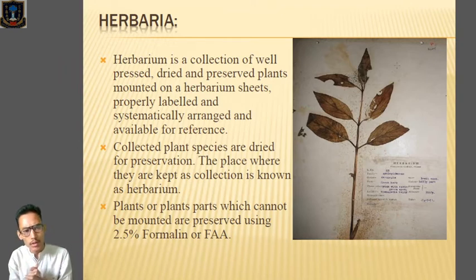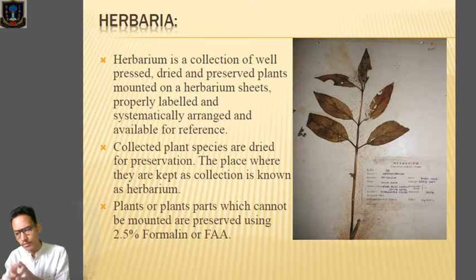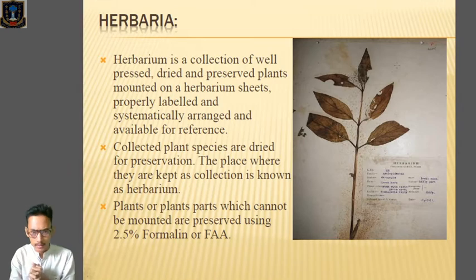So whenever we visit a botanical garden, there you can see the collection of dried plants, which is mainly called the herbarium. So what is herbarium?